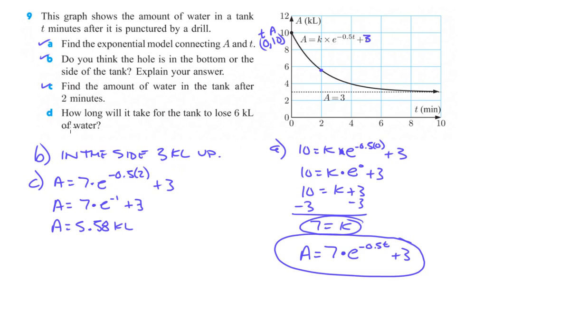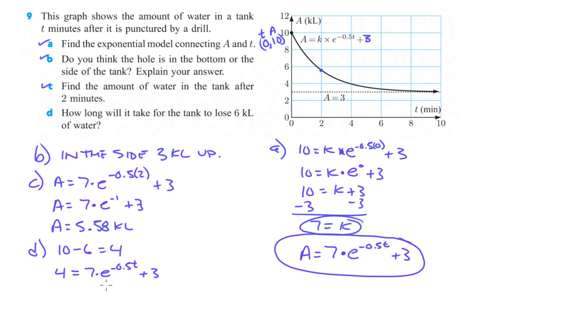Okay? And then D, how long will it take for the tank to lose 6 kiloliters of water? So if it starts at 10, and we want to lose 6, 10 minus 6, we want to know when it gets down to 4 kiloliters. So here's our formula. We want to plug in 4 for A, and that equals 7 times e to the negative 0.5 t plus 3, right?